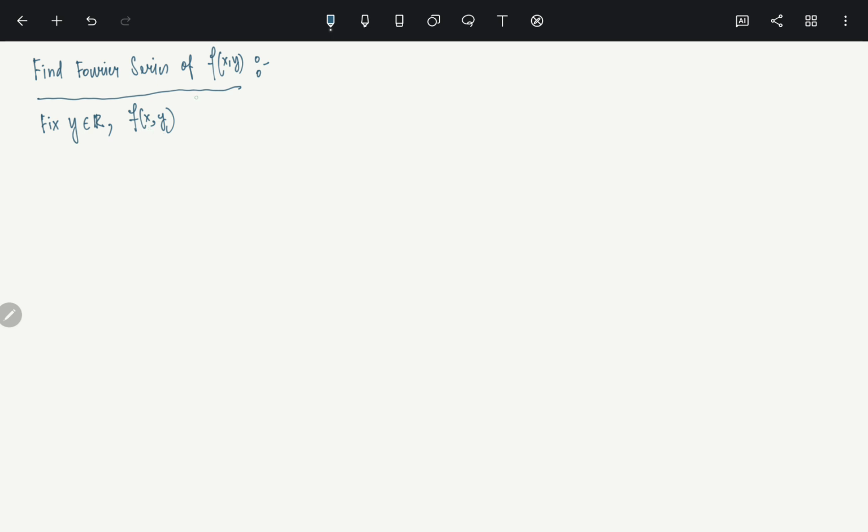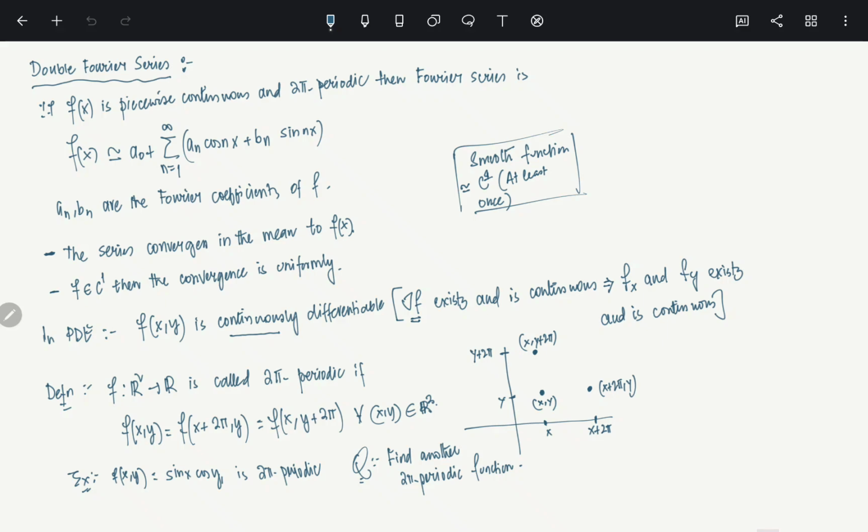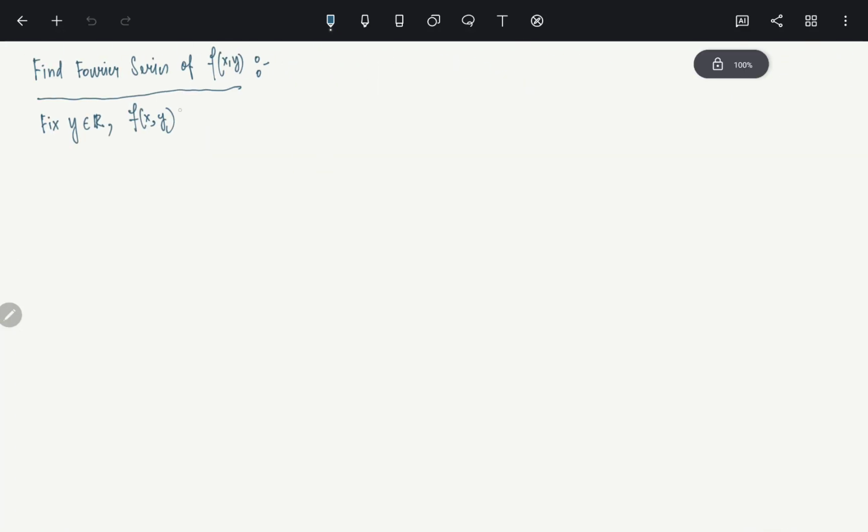Yes, and of course, since f of x y, we are going to assume that this is continuously differentiable. We are assuming, okay. So f of x y is 2 pi periodic and continuously differentiable, C1. Okay, so if we fix a y, let's say that will be our phi y of x. We can define it like this, which is f of x y.